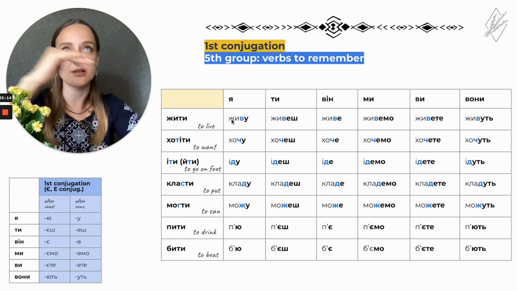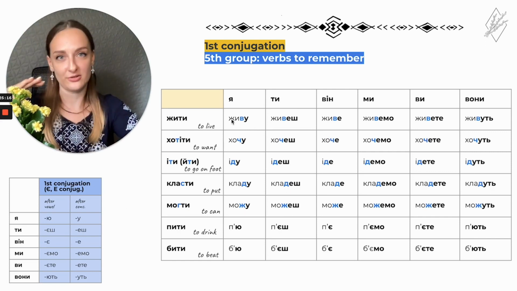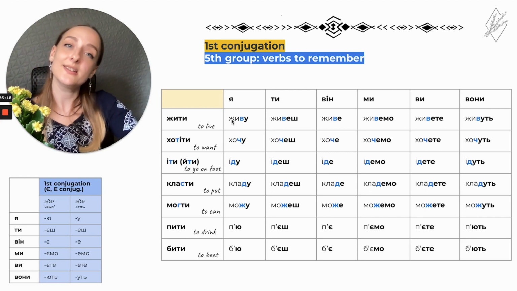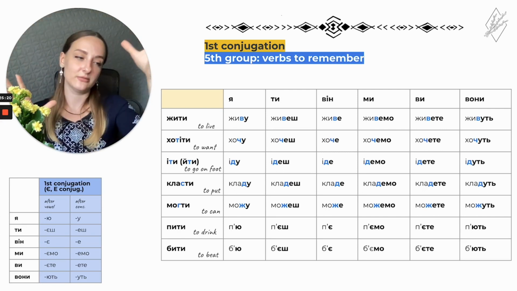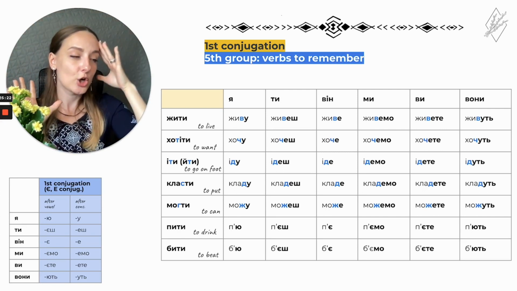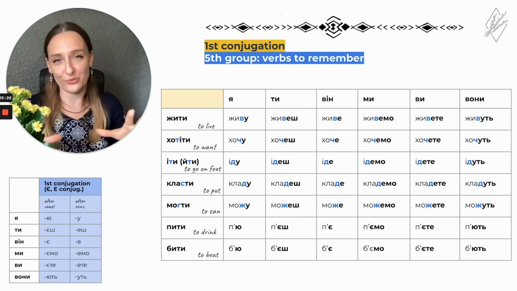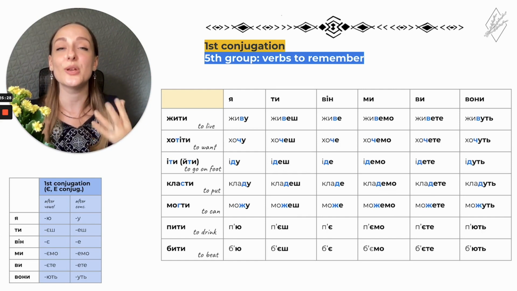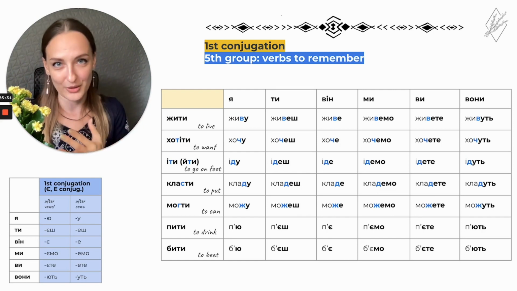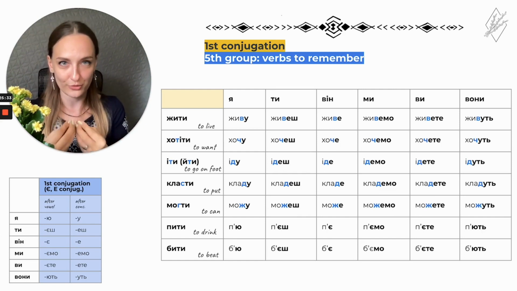And we receive the root živ. It's an irregular verb. Actually, I would say that most verbs that are the most frequently used in our language will be irregular. They will have at least some elements of irregularity.